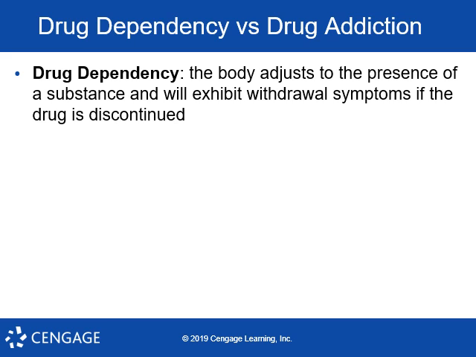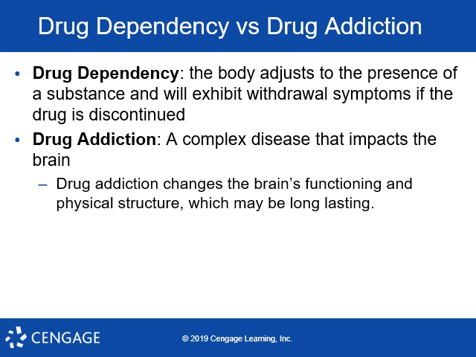When you're talking about dependency, you're talking about the substance becoming physically and chemically incorporated into the body's own biochemistry. Whereas drug addiction is a complex disease that impacts the brain, and it deals more with behavior. Drug addiction changes the brain's functioning and physical structure, which may be long-lasting.